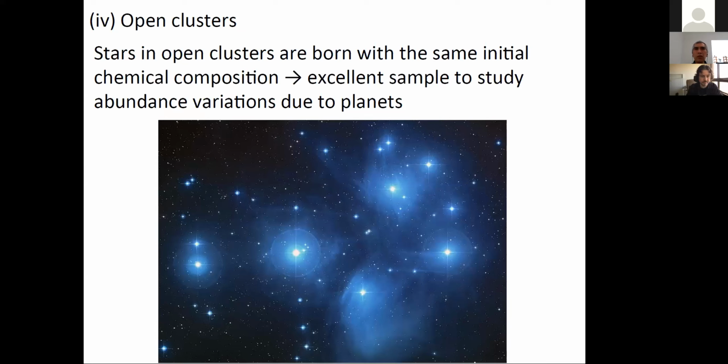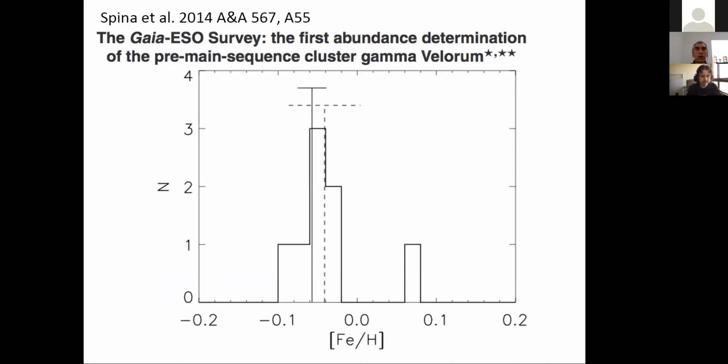So let's move now to open clusters. Open clusters are an excellent example to try to see abundance anomalies due to planets, because all the stars in the open clusters are supposed to be born from the same initial composition. So in 2014, Lorenzo Spina found that one star in Gamma Velorum has a very high iron abundance.